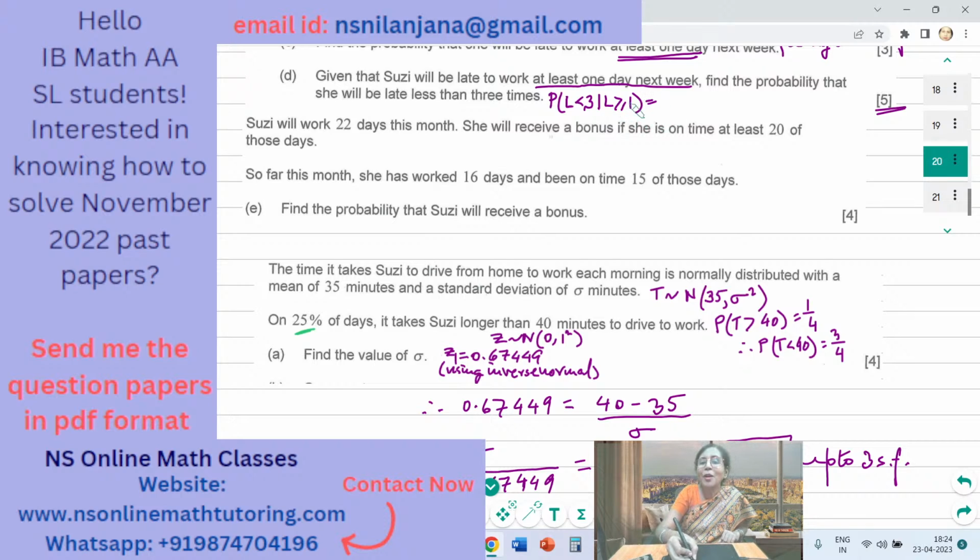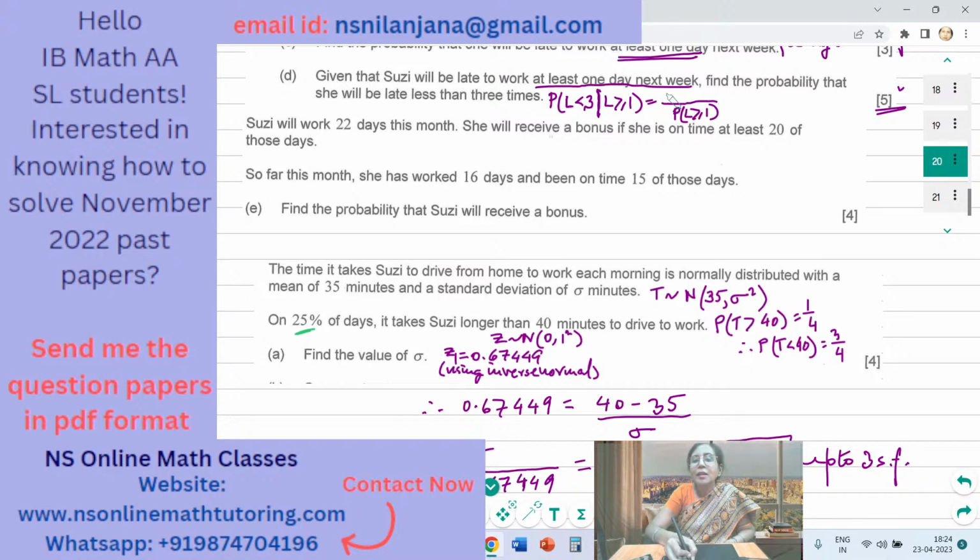First of all, because I'm not having much space, I was thinking of skipping this part, but when I saw the marks that it contains, not having much space cannot be a reason. So you have to write this. And the denominator will be P of L greater than or equal to 1.